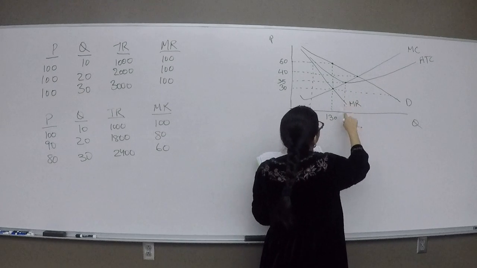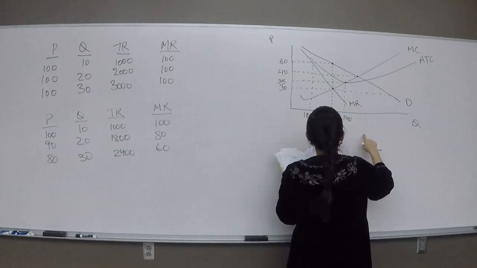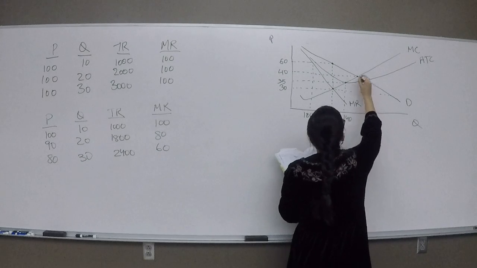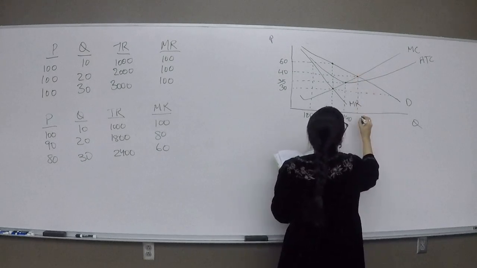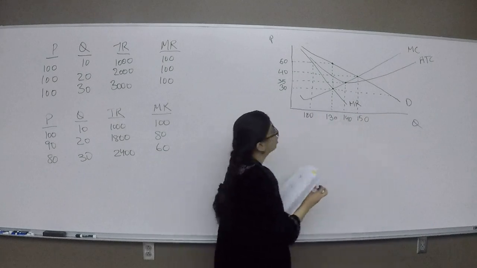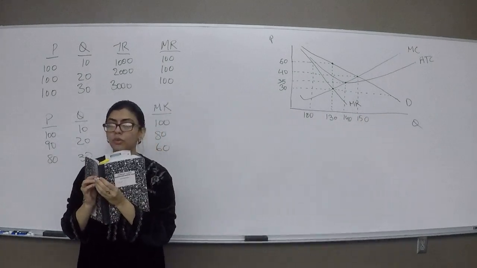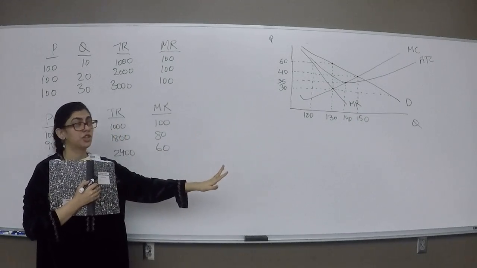The minimum of ATC quantity is 140. Then where the MC and D are intersecting, that quantity is 150. A little bit tricky to draw, but if you follow the guide, it should be as it is.